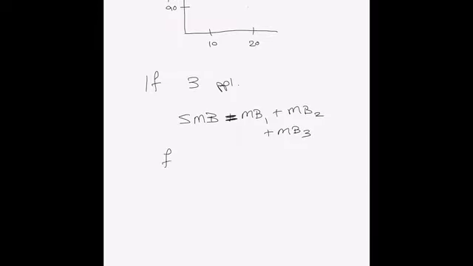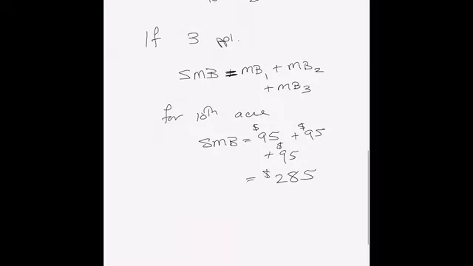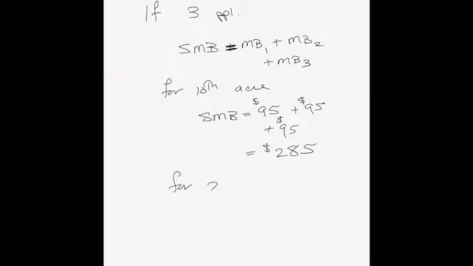So for the 10th acre, remember each person has a $95 individual marginal benefit, so the social marginal benefit is simply 95 plus 95 plus 95 equals 285, right? For the 20th, social marginal benefit is equal to 90 plus 90 plus 90, which is equal to 270.